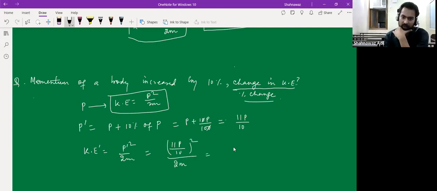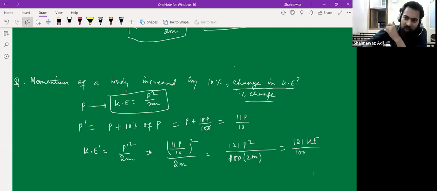So this becomes 121 P square by 100 into 2m. So P square by 2m is K, and the new kinetic energy is 121K by 100. Right, guys?